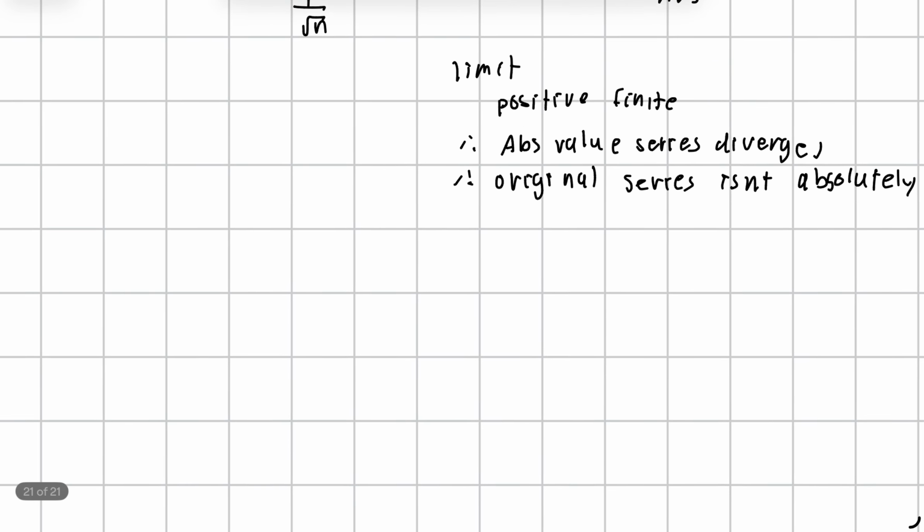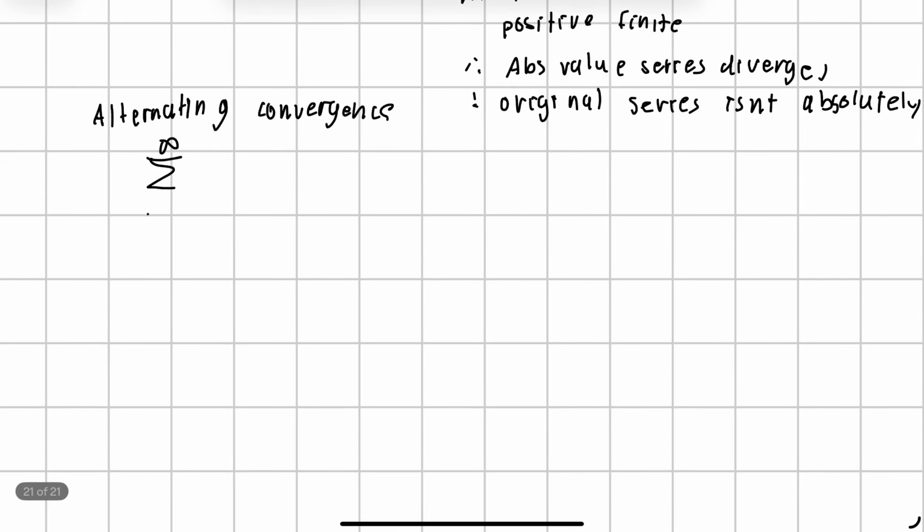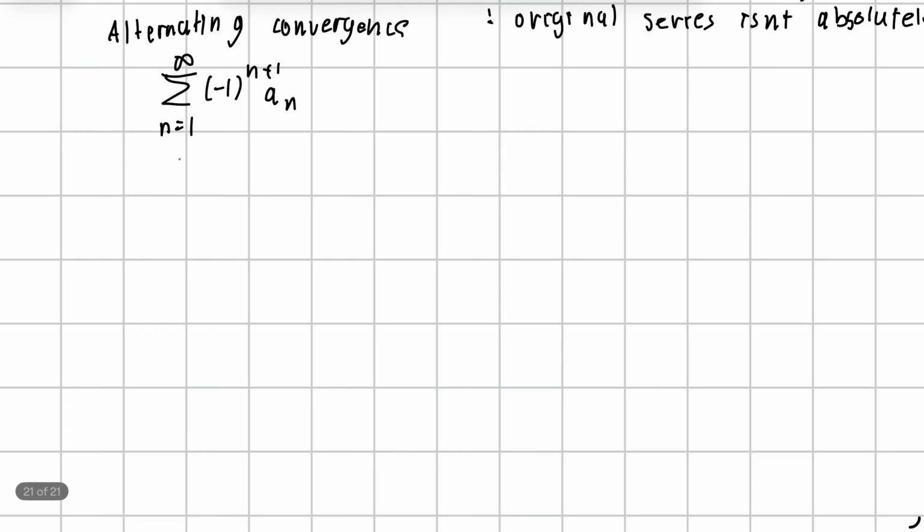So now we're going to check alternating convergence. Our original series was the summation from n equals 1 to infinity of negative 1 to the n plus 1, times a sub n, where a sub n is equal to the root of n over n plus 3.